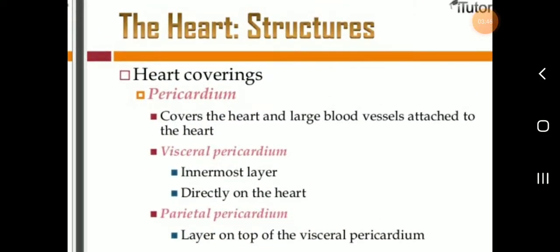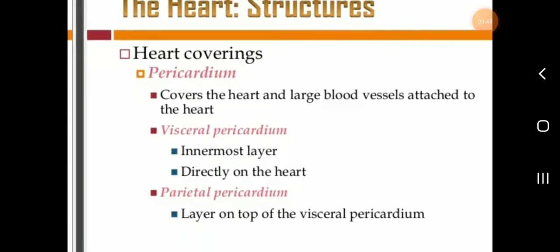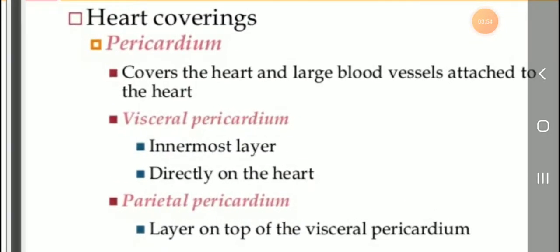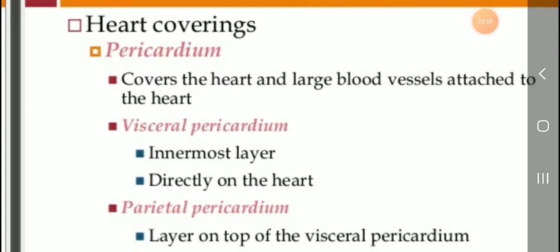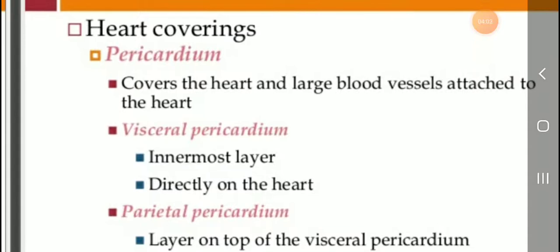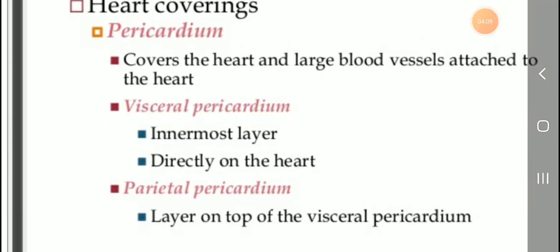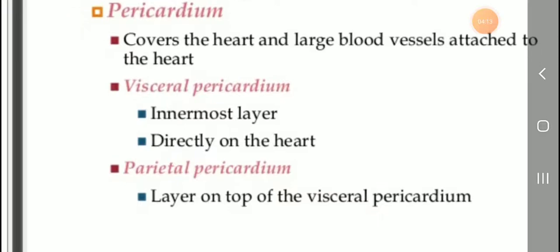Okay. Heart structures, heart coverings. The pericardium covers the heart and the large blood vessels attached to the heart. Listen, the heart coverings are the visceral pericardium and the parietal pericardium. The visceral pericardium is the innermost layer directly on the heart.